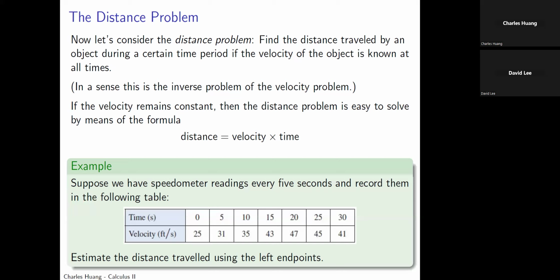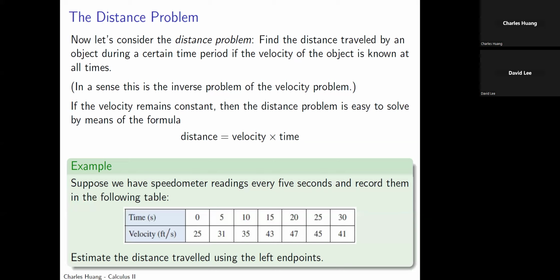To find distance, we take the velocity, the speed, multiplied by the time. But let's say we're driving at different speeds, right? At the beginning, I'm not going very fast, but 5 seconds later, the traffic was good and my car speeds up. And then after a while, I realize I'm going a little bit too fast.